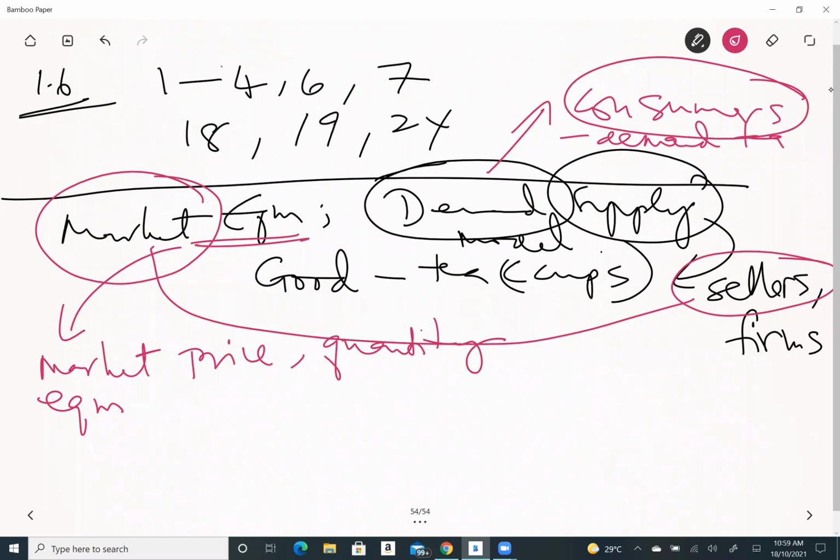Now, when you look at the demand and the supply in the market, in order to determine the market equilibrium, we have to have an understanding of the demand function, and we also need to understand the supply function. So, what is the demand function?